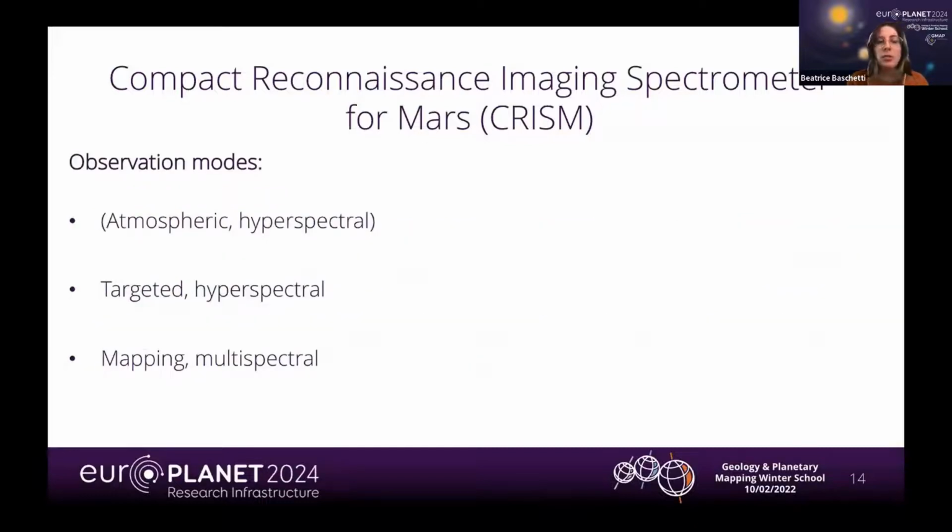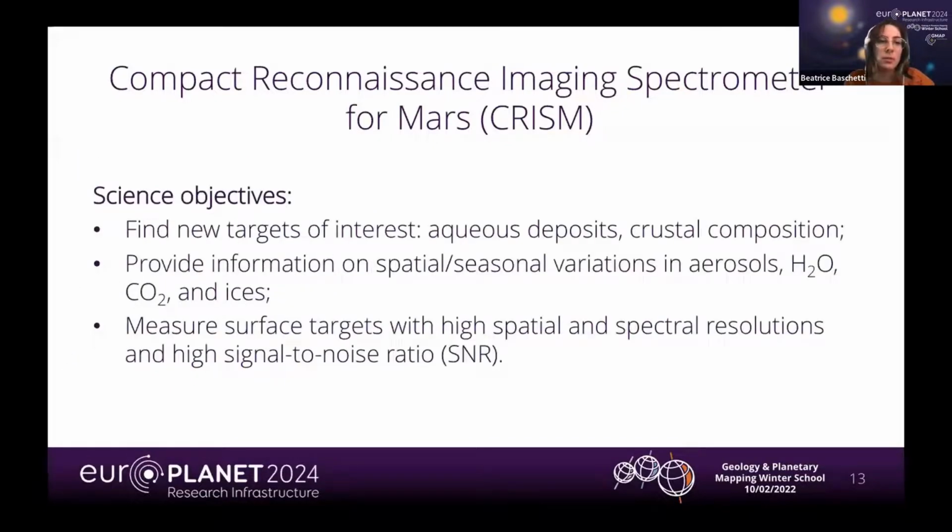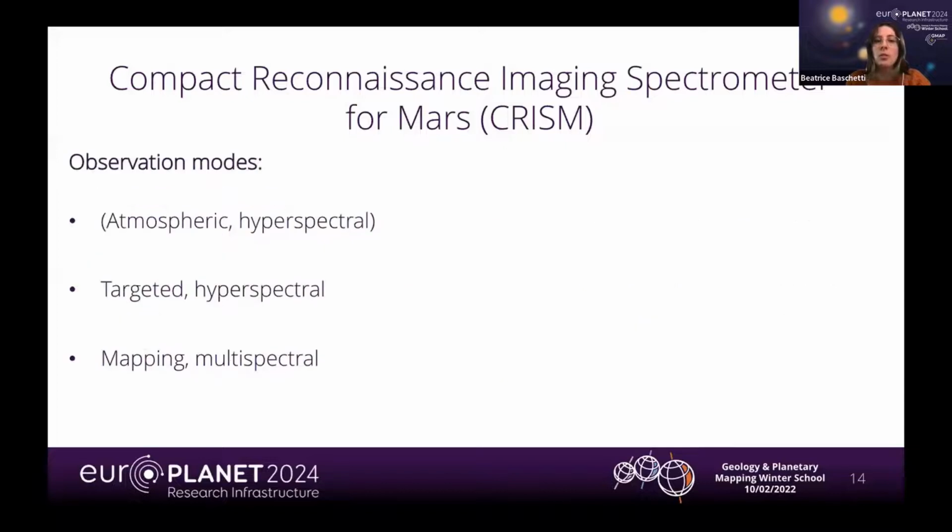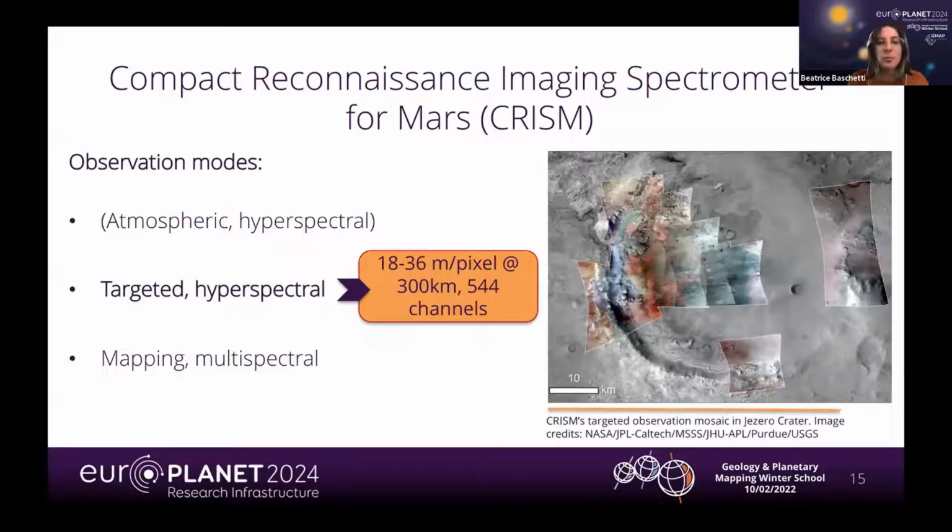So in order to do that, CRISM has 3 observation modes. The first one, the atmospheric observation mode, is related to the second science objective. Since it's not really related to the surface, I will not talk about that in this case. So we'll go directly to the targeted hyperspectral observation mode.